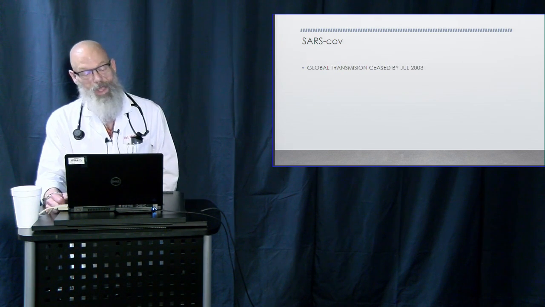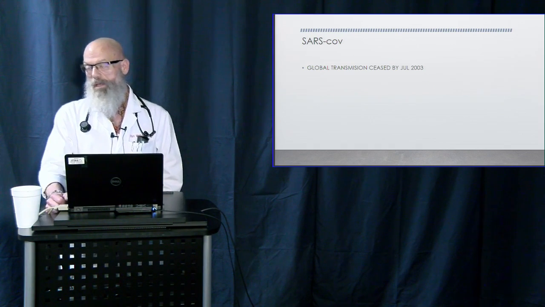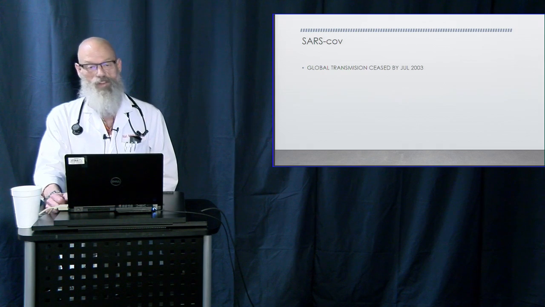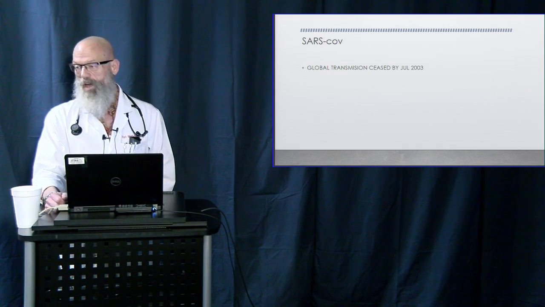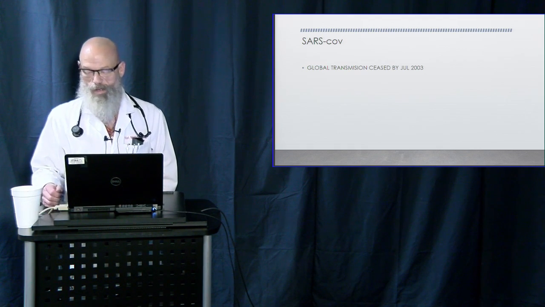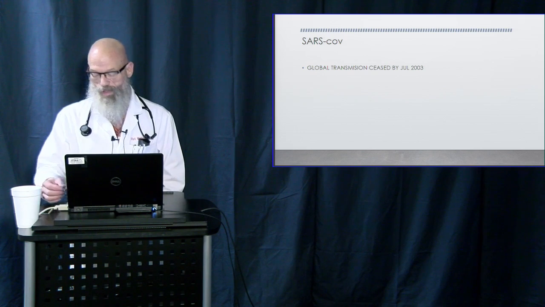Encouragingly, global transmission ceased by July of 2003. So they went from November to July, and then it was done. And since so much of what's going on now is similar to what went on then, I'm hoping that we'll see this as well.